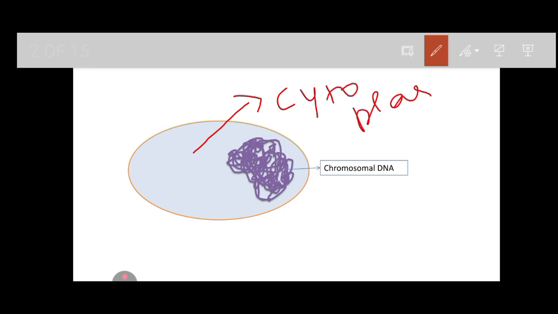In the cytoplasm, there is a tangled mass of nucleic acid called chromosomal DNA. This is a very simple architecture. We call bacteria prokaryotic organisms.